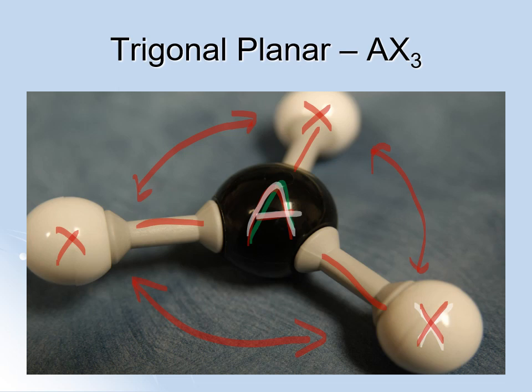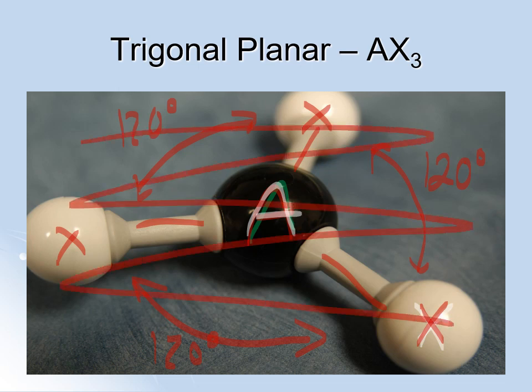A circle is 360 degrees, so if you divide that into 3, you're going to get a bond angle of 120 for each of these. 120 and 120 will be the bond angle for this particular shape. And notice it all fits on one plane here. There's none of them sticking up out of the plane, either up or down. They're all on the same plane, hence the name planar.